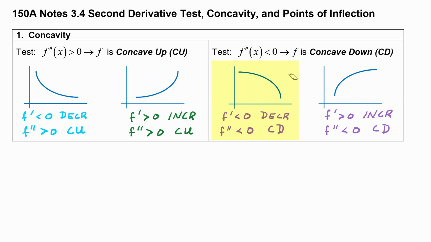If the first derivative is negative and the second derivative is negative, then the curve is decreasing and concave down. And if the first derivative is positive and the second derivative is negative, then the curve is increasing and concave down. All of the curves that we graph will be one of these 4 flavors.